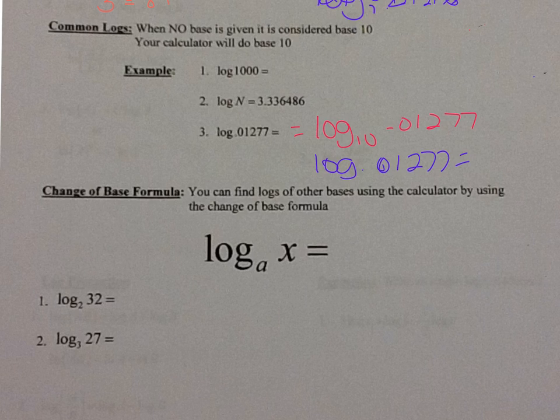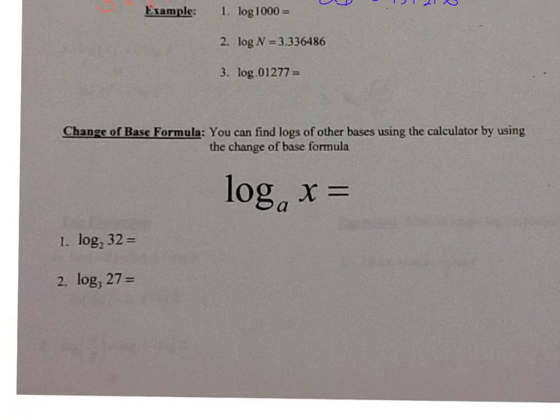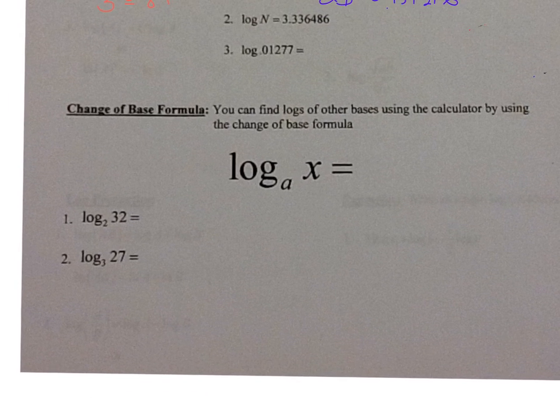Hit enter, and you get negative 1.89 and so on. Okay, so you write out the whole entire decimal. All right, so that's common logs. We're going to talk a little bit more about common logs tomorrow in class, just a little bit more about your calculator. Okay, but I wanted to do it with you guys in class.